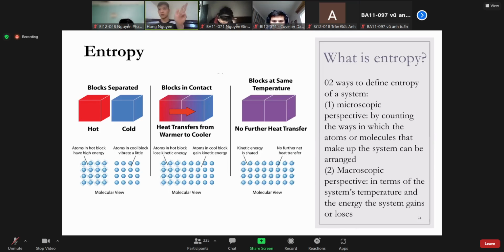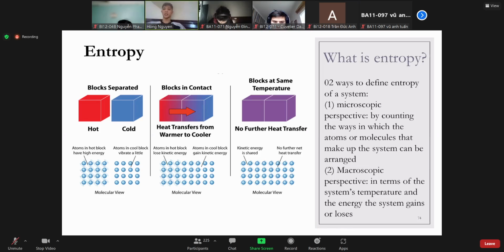Okay, two ways, two equivalent ways to define entropy: the microscopic approach. So we count the way in which the atoms or molecules that make up the system can be arranged. The second way, the macroscopic approach, where we explain the entropy in terms of the temperatures and the energy of the system.